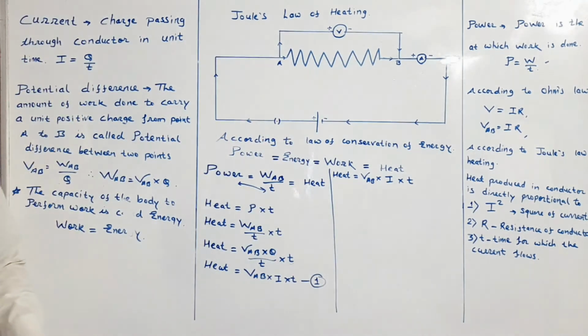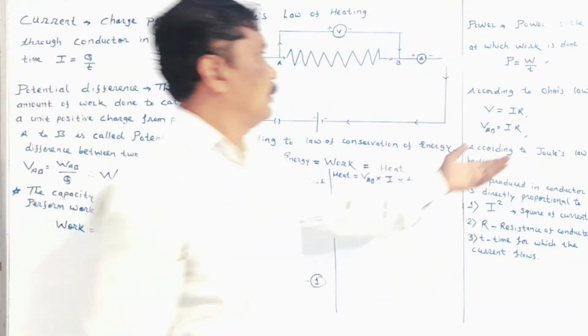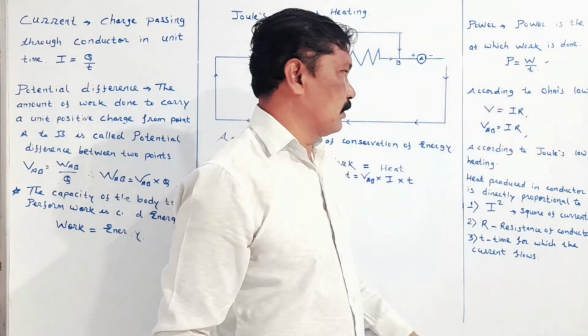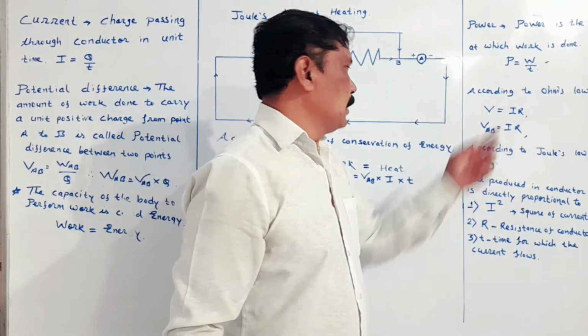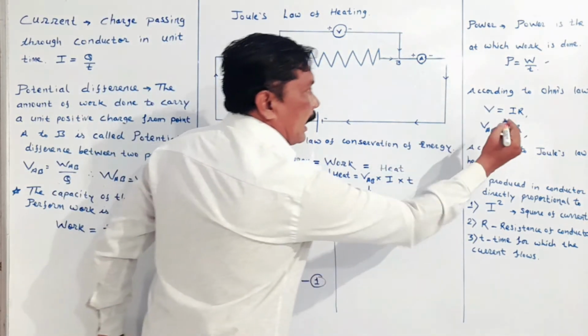According to Ohm's law, we say that V is equal to IR. So VAB is equal to IR, and we can put the value of VAB as IR.